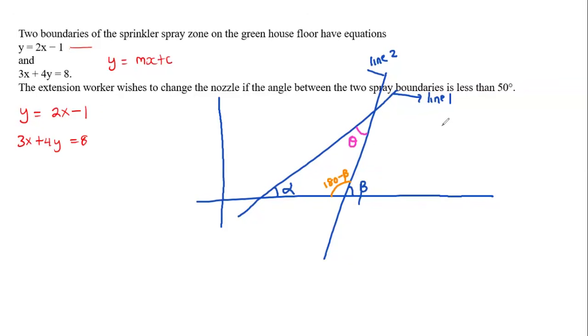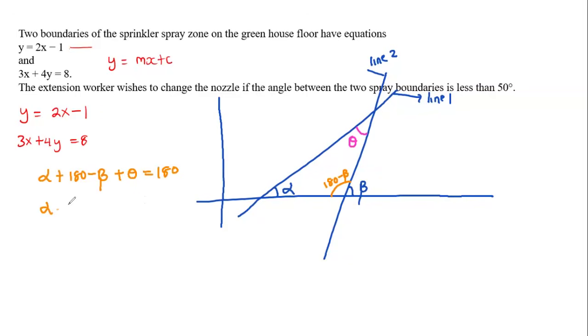So you know that angles in a triangle add up to 180. So what does it mean? It means that alpha plus 180 minus beta plus theta must equal 180, because angles in a triangle add up to 180. So what shall we have?